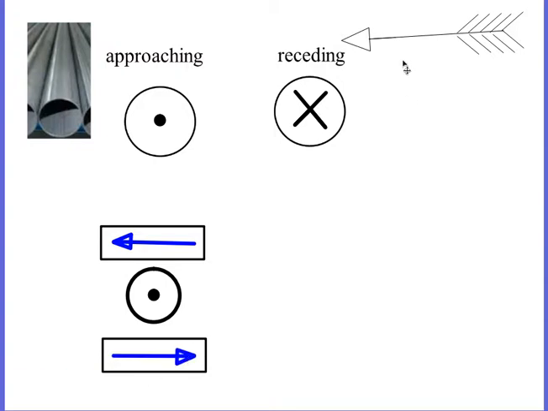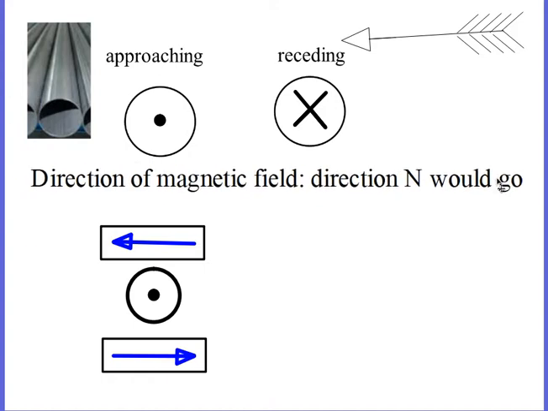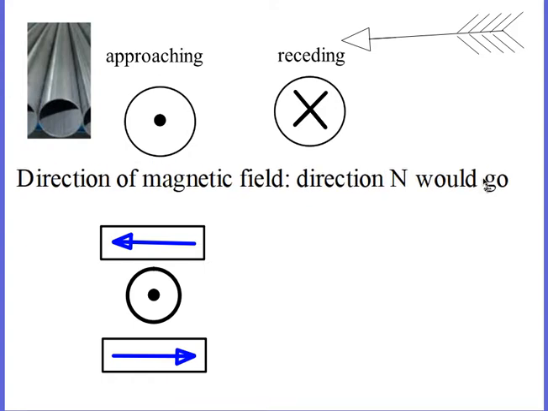And here, for a current, the direction of the current is the direction positive would go. For a magnetic field, the direction is the direction a north would go. We have the choice of north or south, and we choose north. Why? Because all the Europeans are up in the northern hemisphere and they think they're the most important and that they should be at the top of the map.